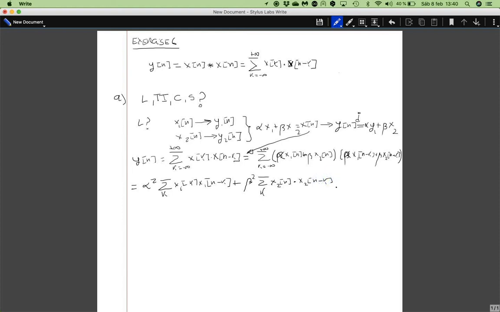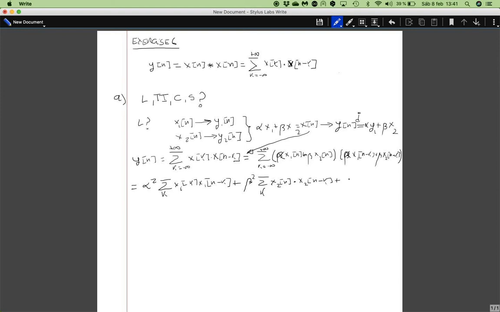And then we have the cross terms: alpha x1[k] multiplied by beta x2[n minus k], plus another term, which is beta x2[k] multiplied by alpha x1[n minus k].